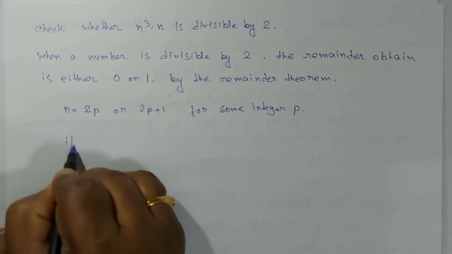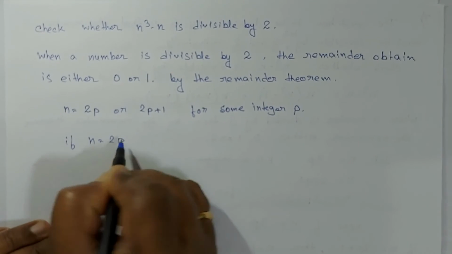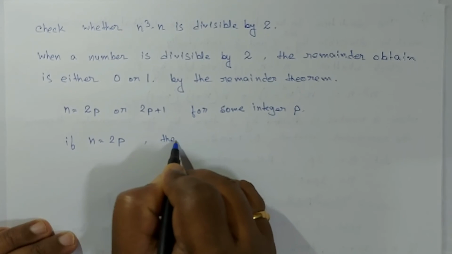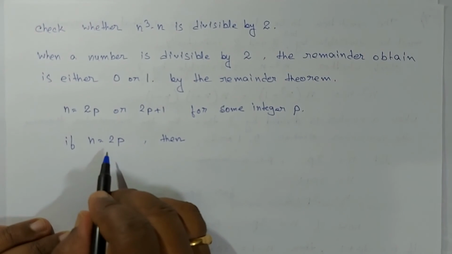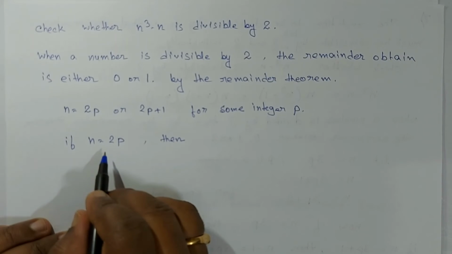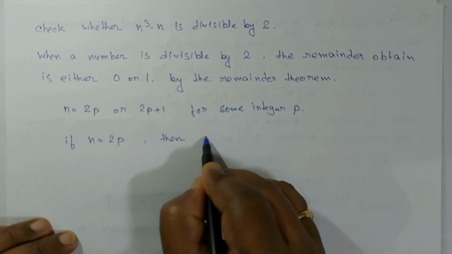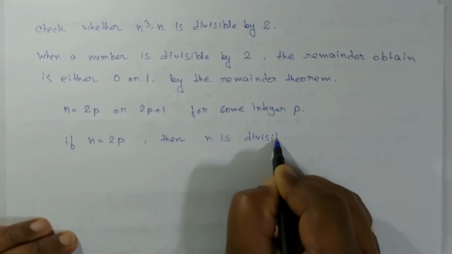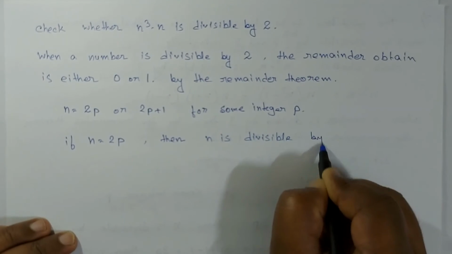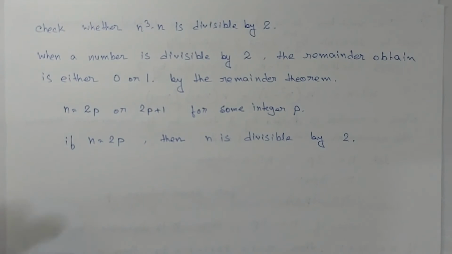Now, if n is equal to 2p, then n is divisible by 2.